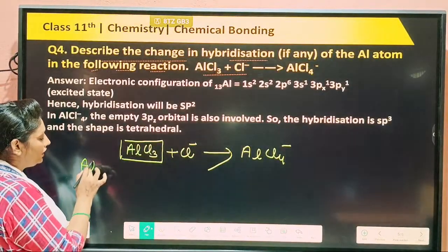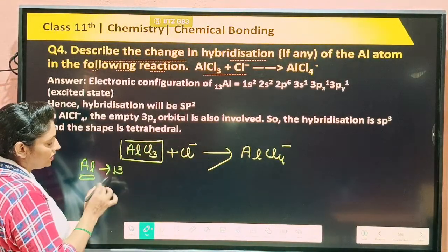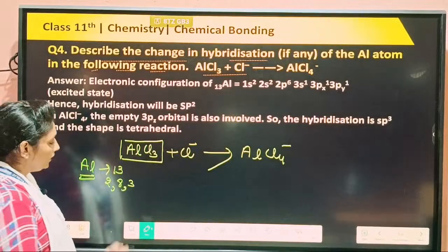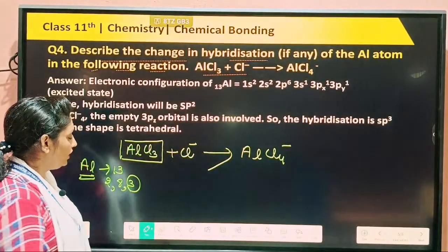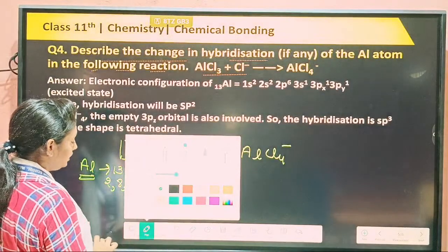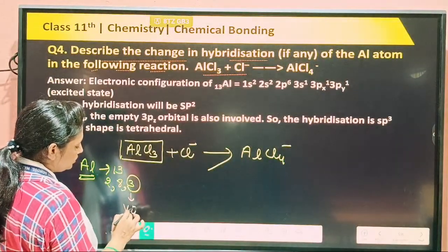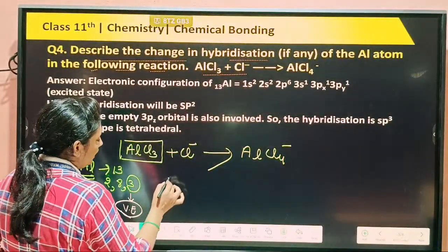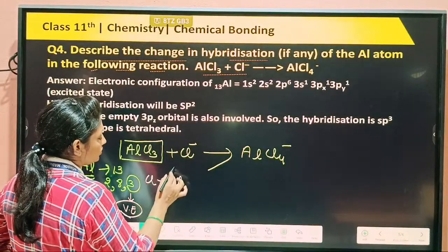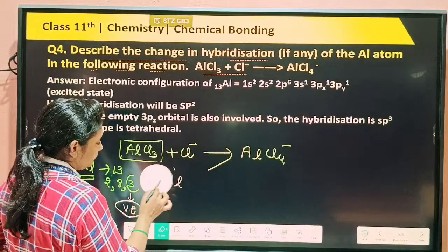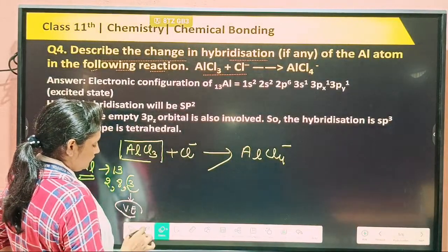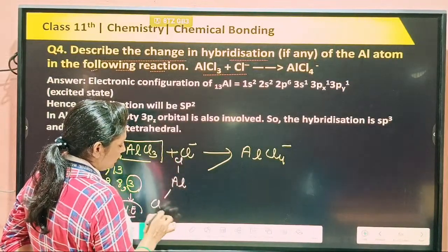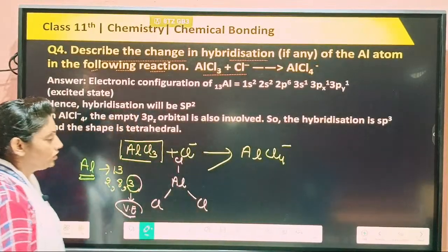The central atom is aluminium, atomic number 13, so the configuration is 2, 8, 3. There are 3 valence electrons, so it can form a maximum of 3 bonds, and already it is forming 3 bonds with 3 chlorines.